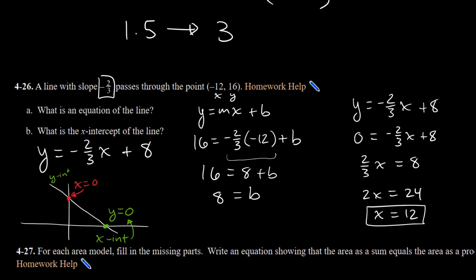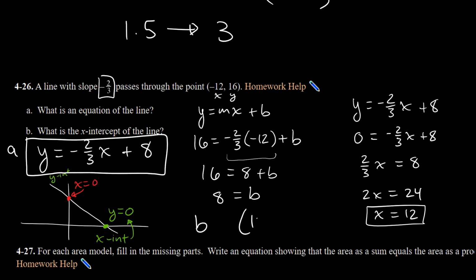So the equation of the line is the answer to part A. And my answer to part B is that my x-intercept is the point 12, comma 0, right? So my x-intercept happens when x is 12, and of course, y would be 0 there as well.